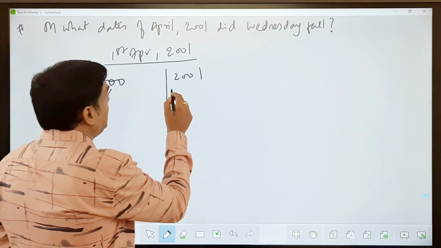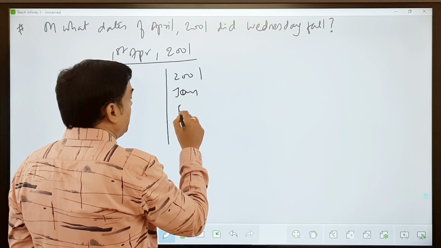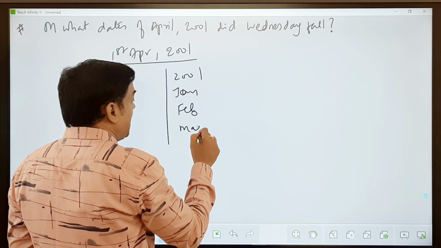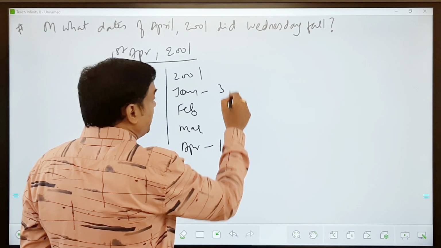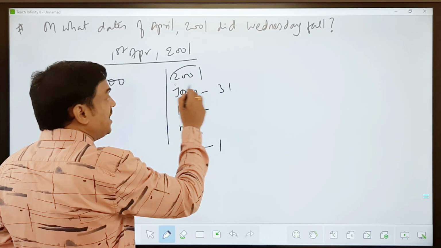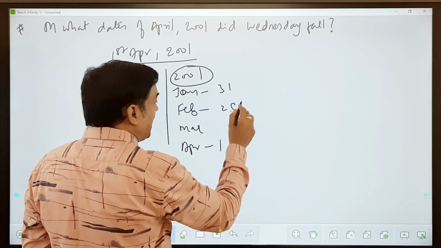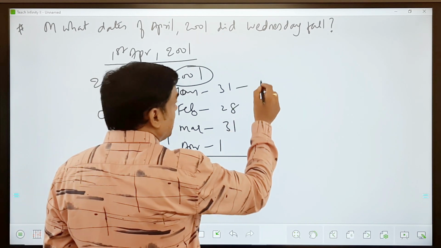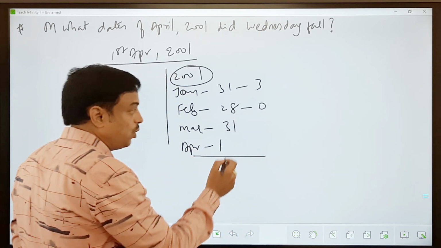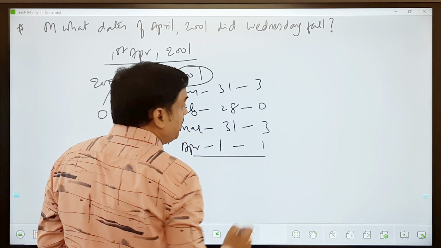And now I enter January, February, March and April 1st. January will have 31 days. February, since it's a non-leap year, will have 28 days. March will have 31. So now I'll divide by 7. Here I get 3, here I get 0, here I get 3, and here I'll be left with 1.